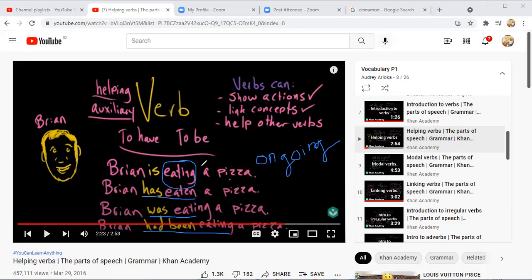And then if you want to say about something that has been going on, something in the past, but it has been going on until now, so you use the present perfect continuous.